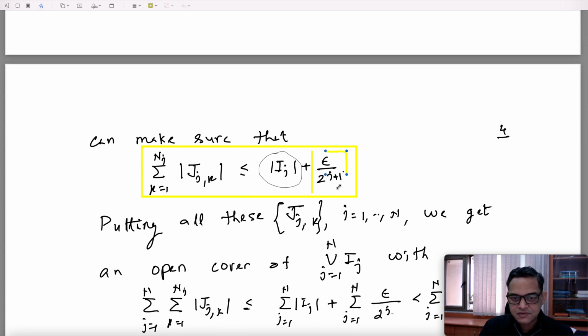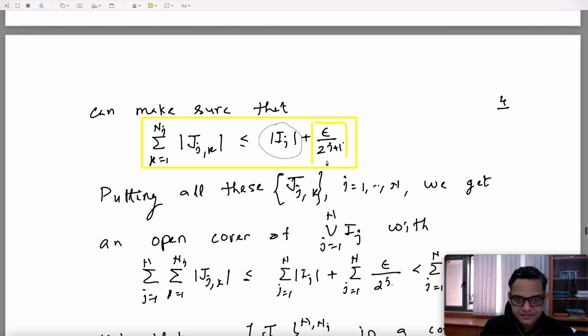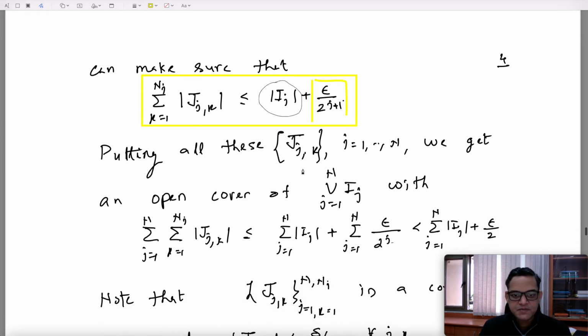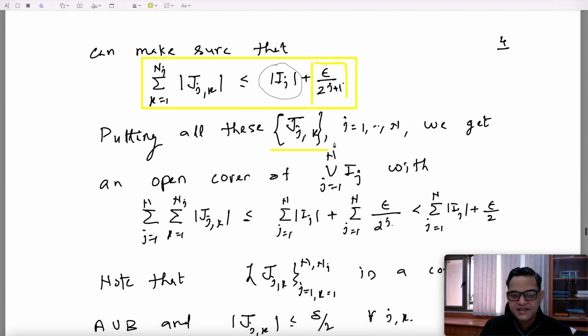That is why we have 2 to the power j plus 1 in the denominator. This can be done: you just draw a picture and cover any interval by smaller intervals, making sure that the increment is very little. This way we get a collection indexed by j as well as k, and this is the cover.